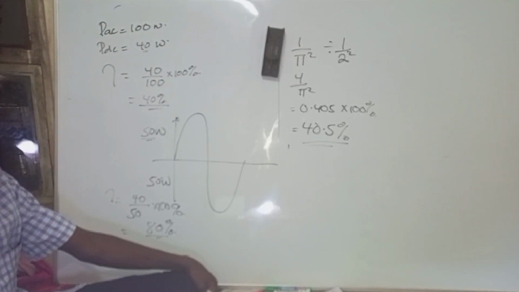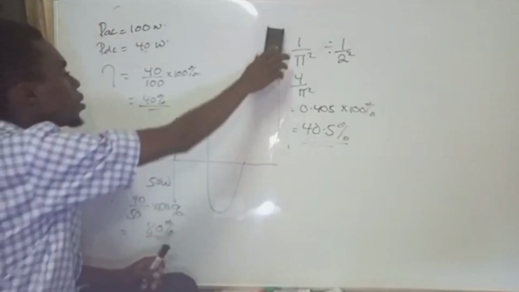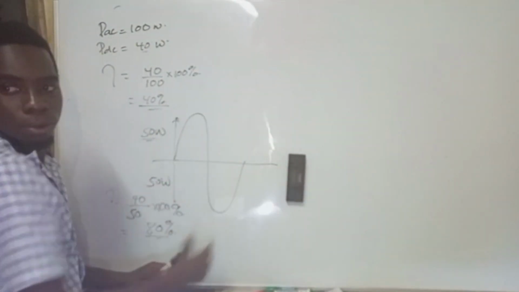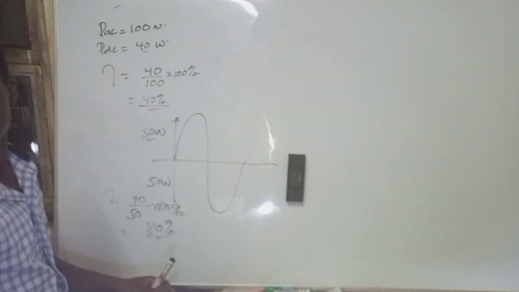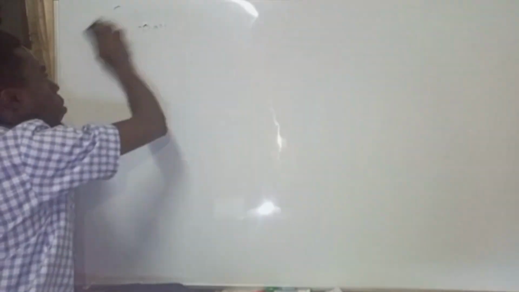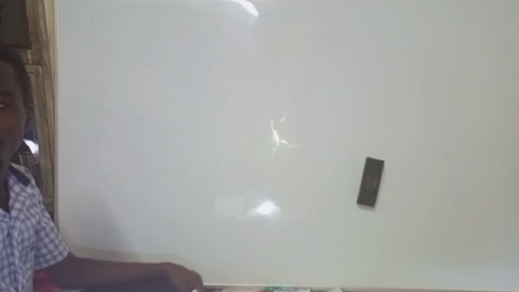So 6.1 theory is a question. They're saying an AC supply of 230 volts is applied to a half-wave rectifier circuit through a transformer of turn ratio 10 to 1.